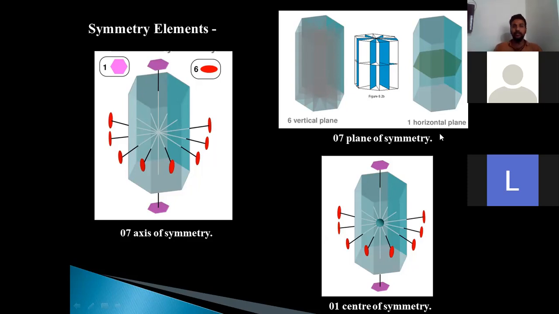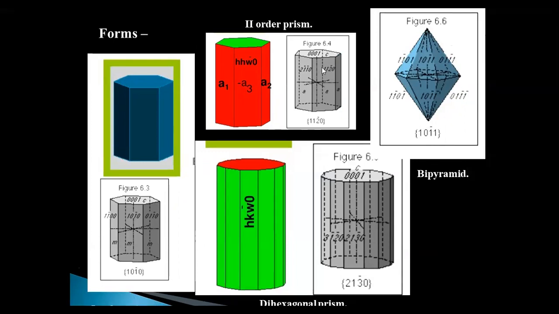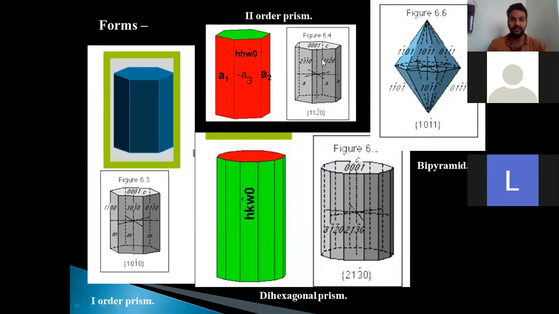Now we'll move towards the forms of the hexagonal system. The forms of the hexagonal system are very complex as compared to the isometric system. We have prism in the tetragonal system as well as in the hexagonal system.